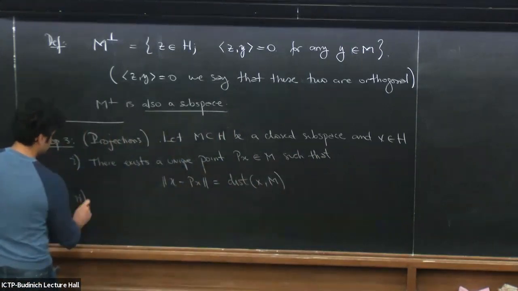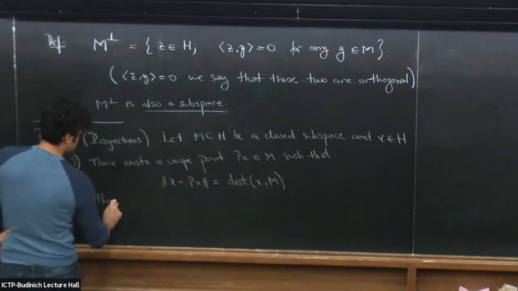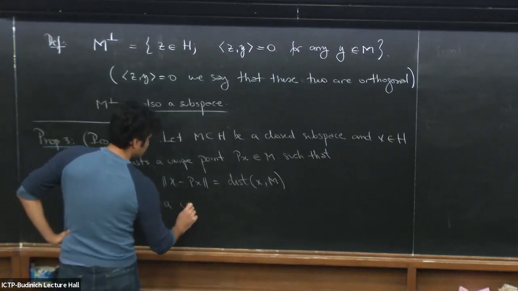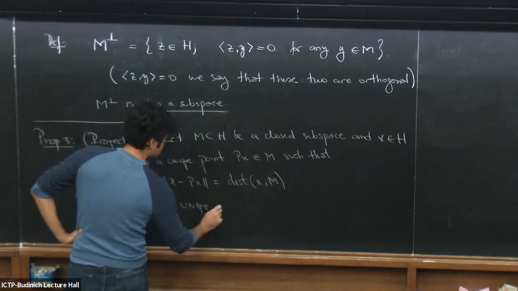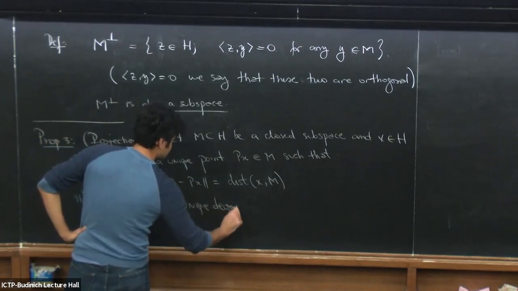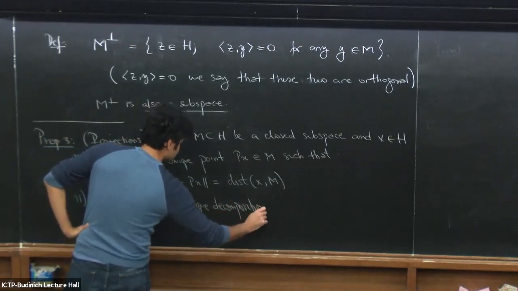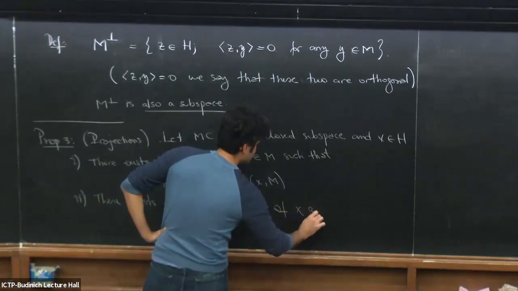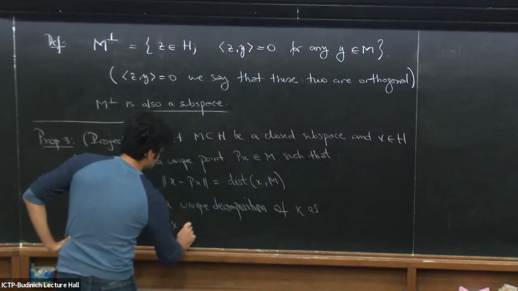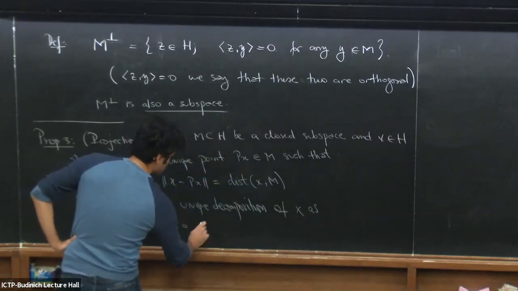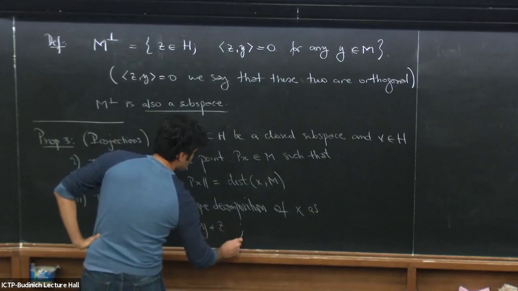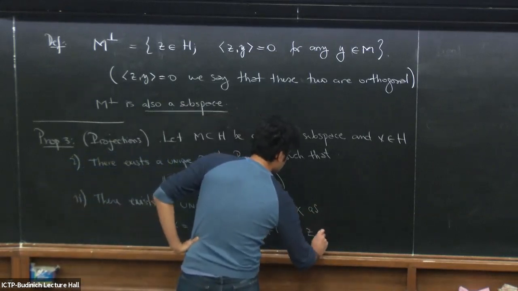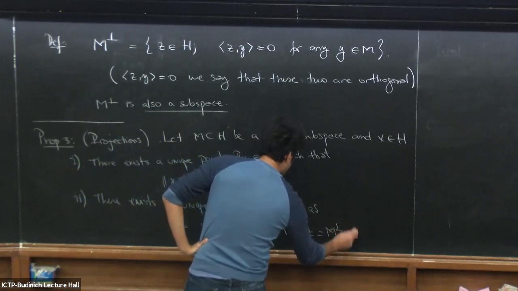Two, there exists a unique decomposition of X as X being Y plus Z, with Y in M and Z in M perp.